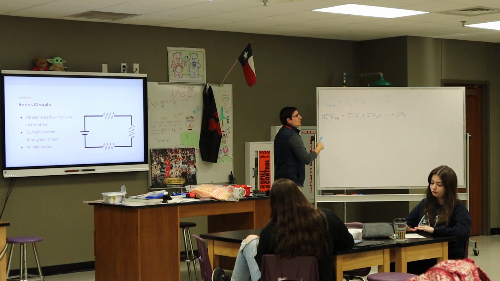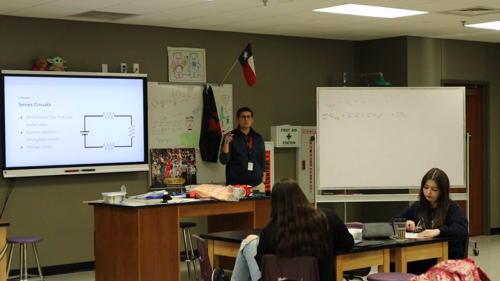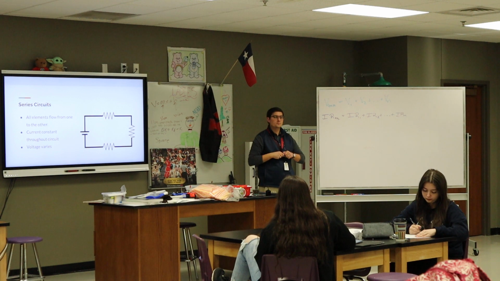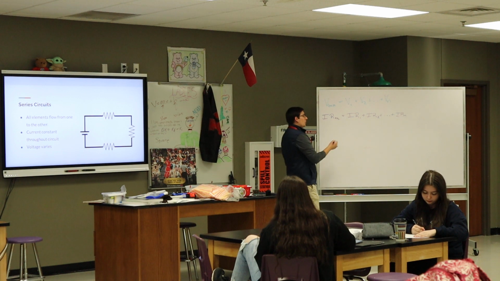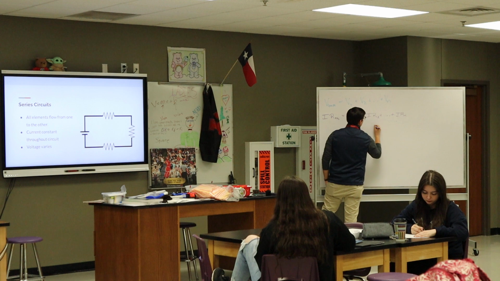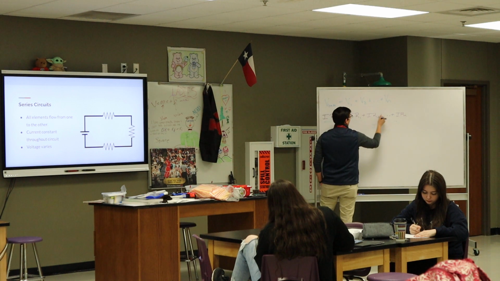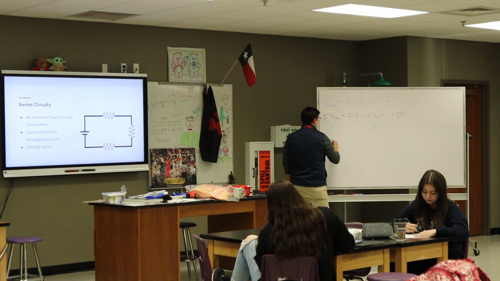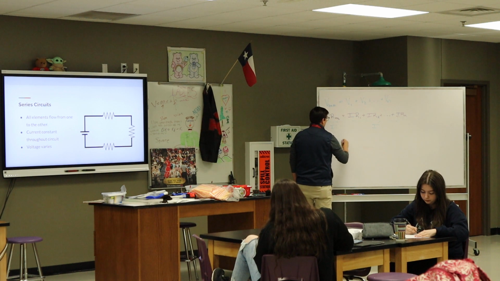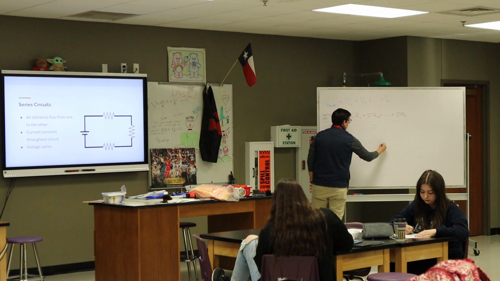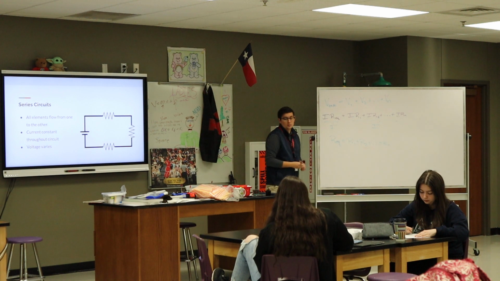The other important statement is that the current's the same throughout the entire circuit, so I know all of these I's are the same. Are we okay with that? If they're all the same, I can divide them off and they all cancel out, leaving me with the statement that the equivalent resistance is just equal to the simple sum of all the resistors.